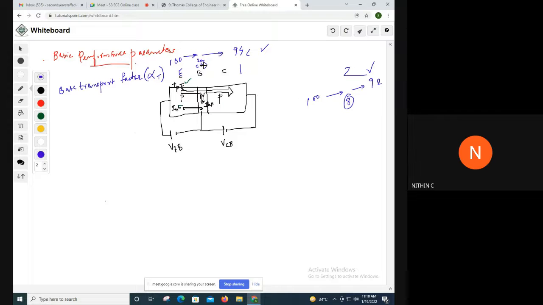So our simple logic: if we are having emitter, base and collector, the base transport factor is the effectiveness of the base.